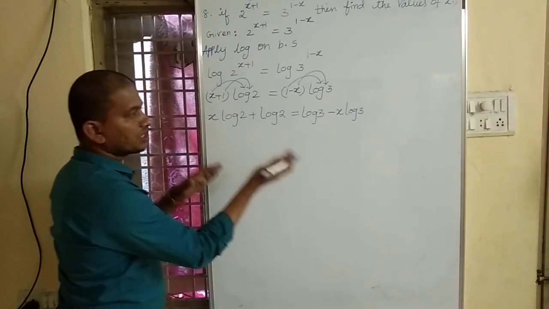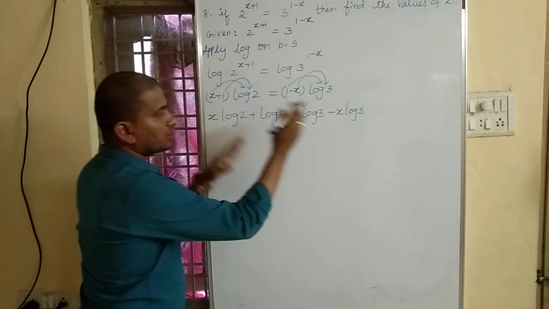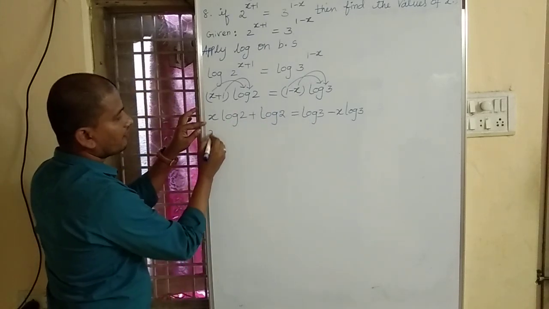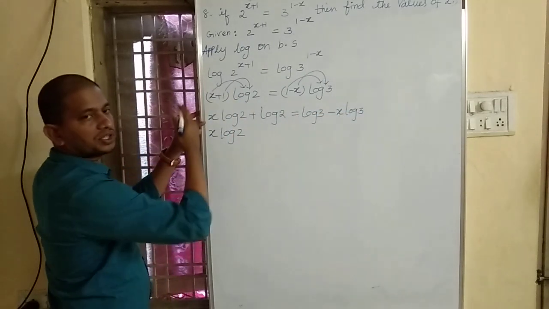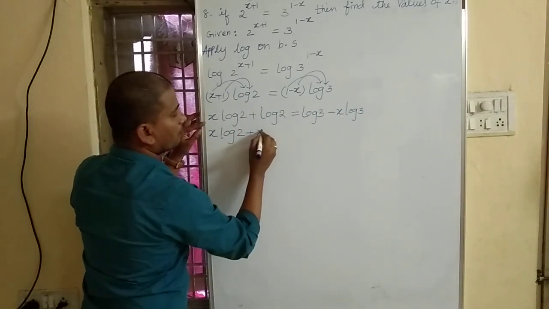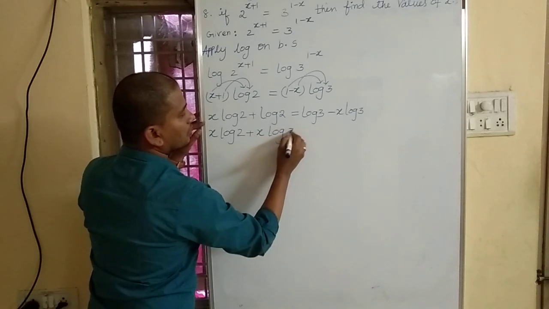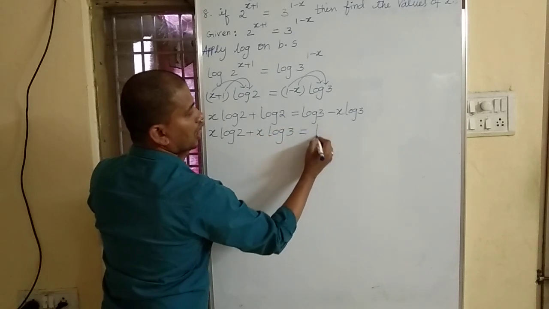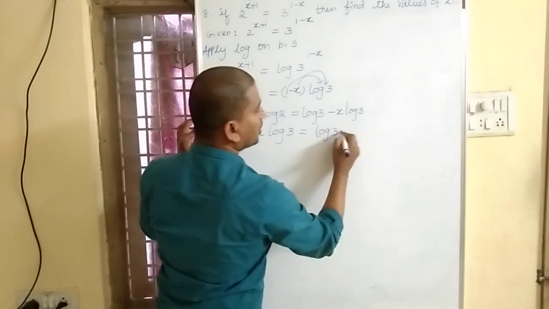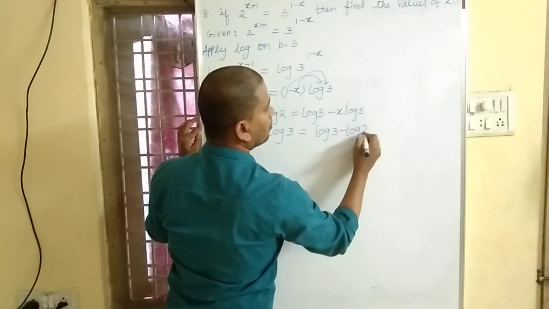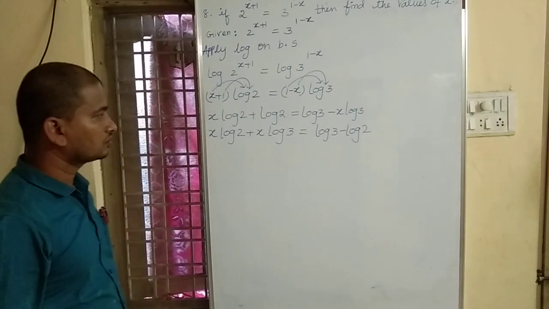X terms on one side and constant terms on the other side. Here we have x log 2 minus x log 3 transposed, it will become plus x log 3, equal to log 3 as it is. This plus log 2 transposed, it will become minus log 2.